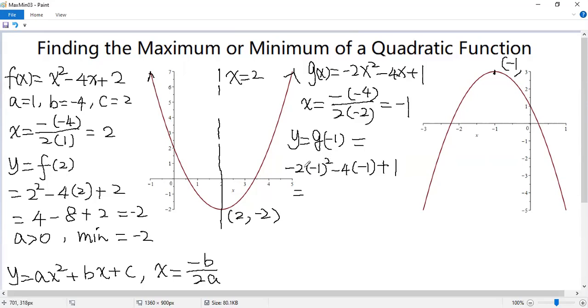So negative 2 times 1 equals negative 2, plus 4 plus 1. So the outcome is 3. So we know the y coordinate is 3. Now because a equals negative 2, less than 0, it opens down. So it has a maximum 3.